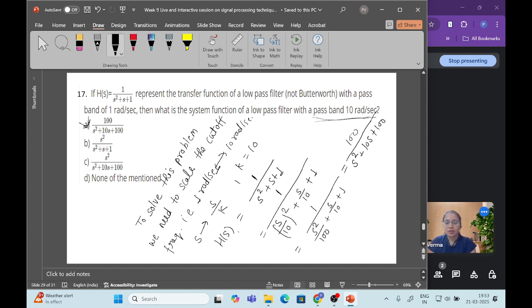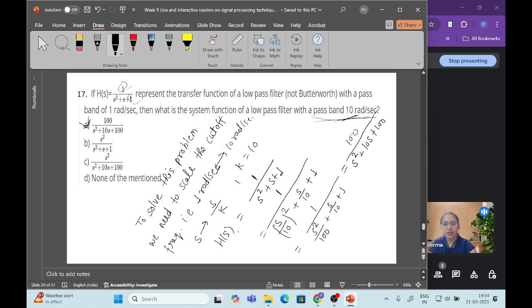In this type of question, the transfer function of a low pass filter is given, and the 1 radian per second is the cutoff frequency of that low pass filter. Now we need to design another system transfer function with a different cutoff frequency, so we just need to scale the cutoff frequency.